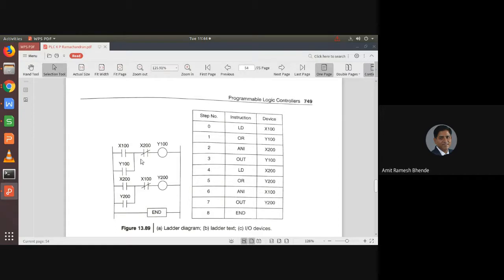Here you can see that Y100 is the output and it is latched with the input X100. That means if you press the SW1 switch for a few moments, then the extension motion of the piston will continue.